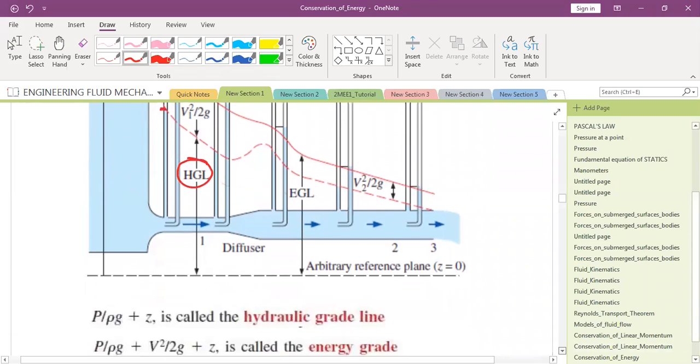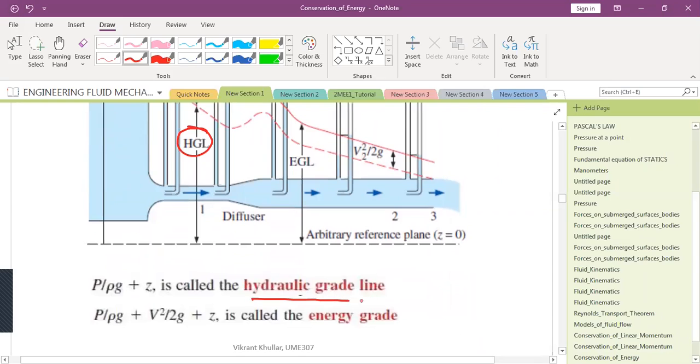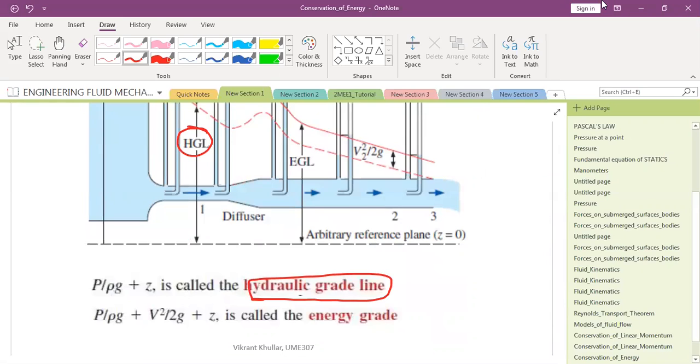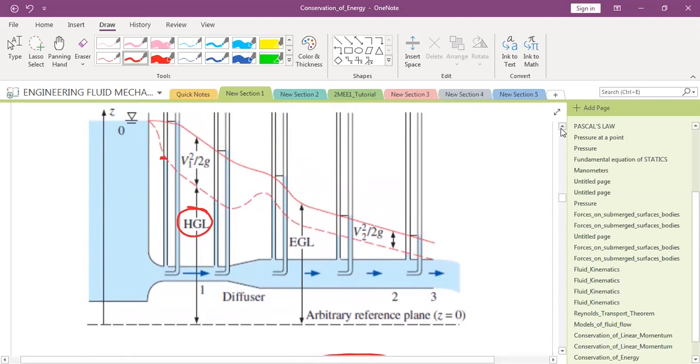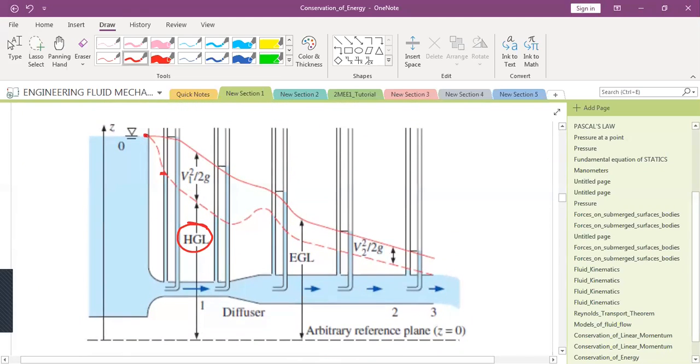I have written down here hydraulic grade line. So hydraulic grade line represents the total static head. And clear hai? And you know that at this location static head and stagnation head are same.